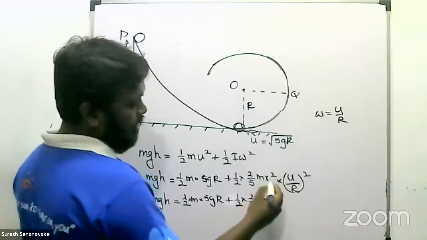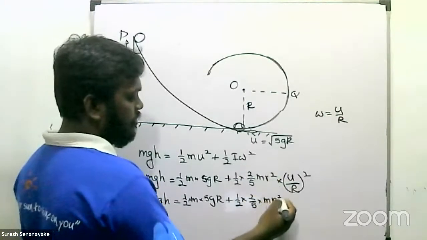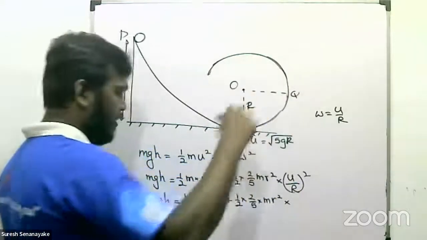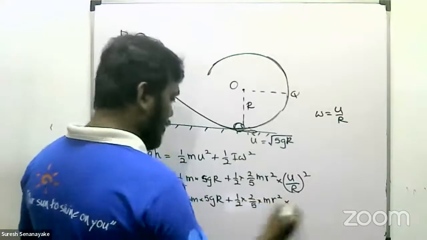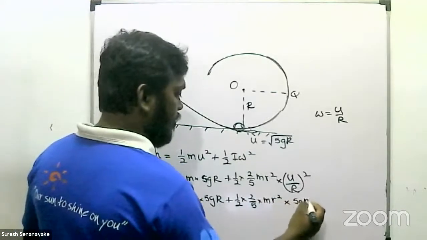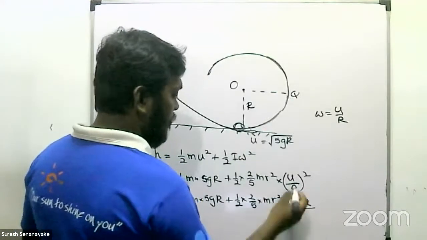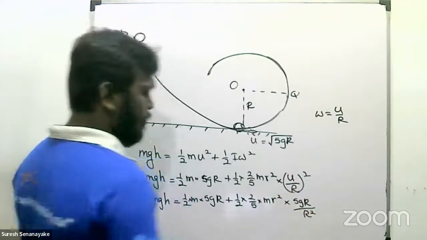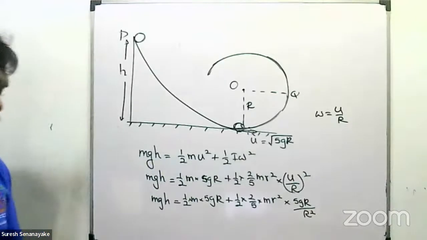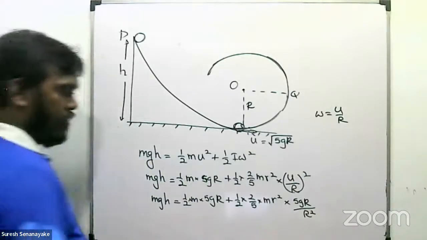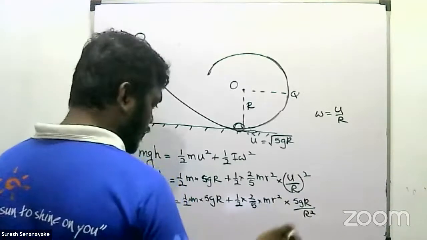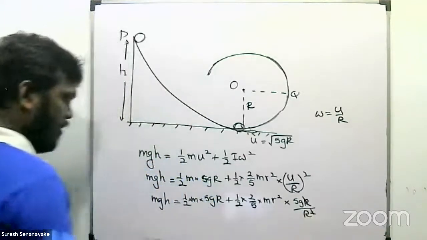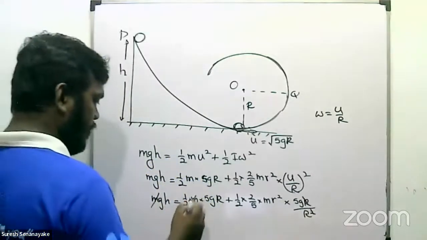Here the small r is the radius of the marble, and capital R is used as the radius of this circle. So u square is 5gR, divided by r square. The r square cancels, m also cancels.